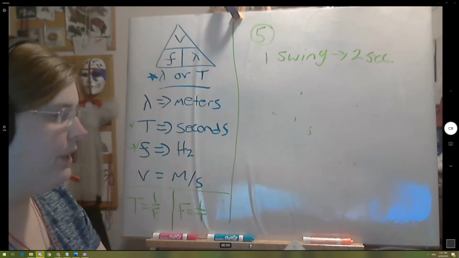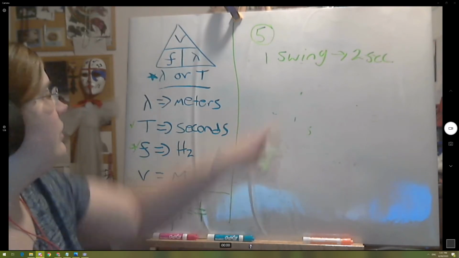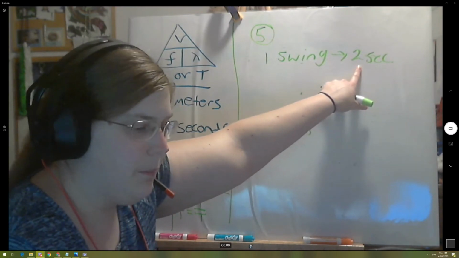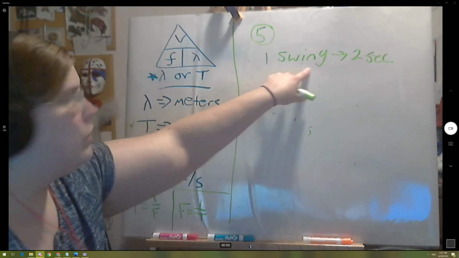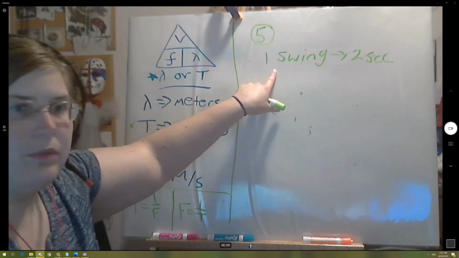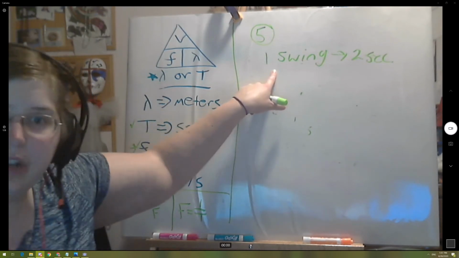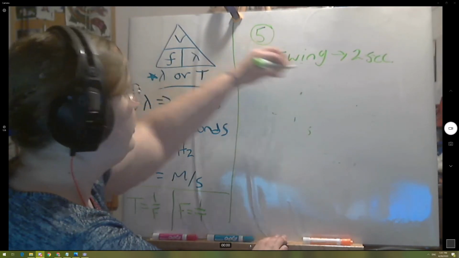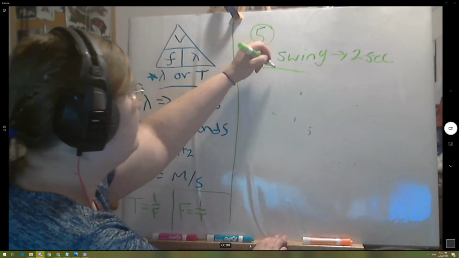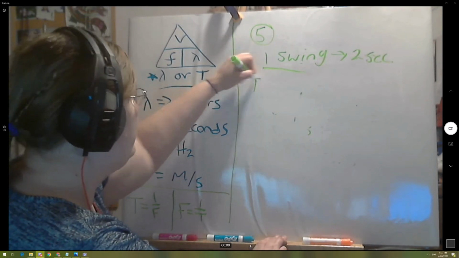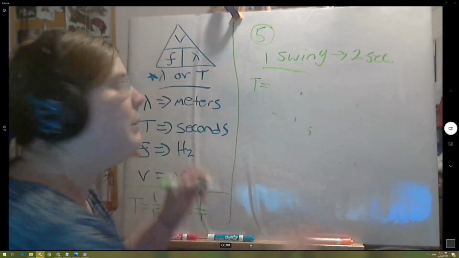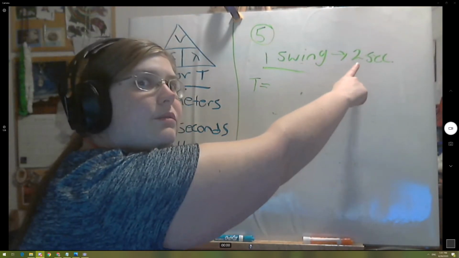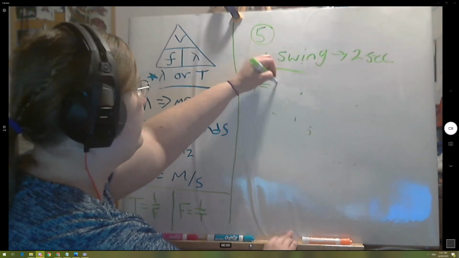So for us, it takes 1 swing 2 seconds, which means 1 swing is like 1 entire cycle. It takes the swing 2 seconds to go through a full cycle. So this means that our period, the time it takes for us to do 1 swing, is 2 seconds.